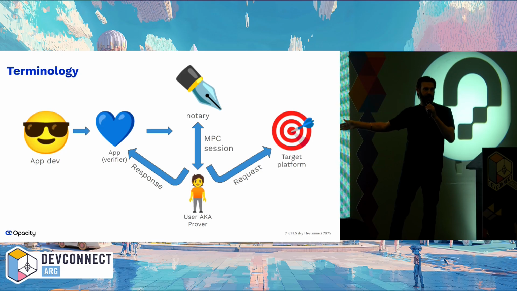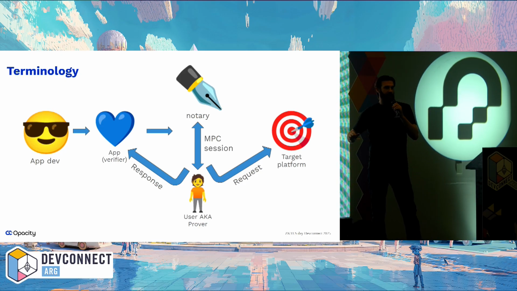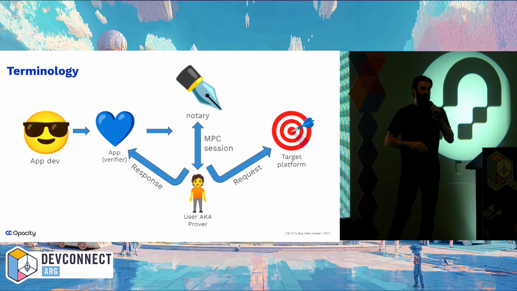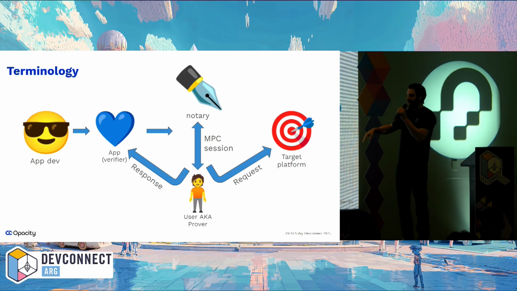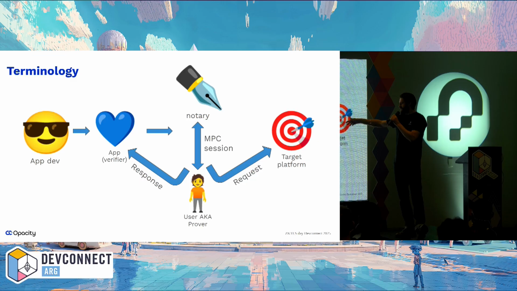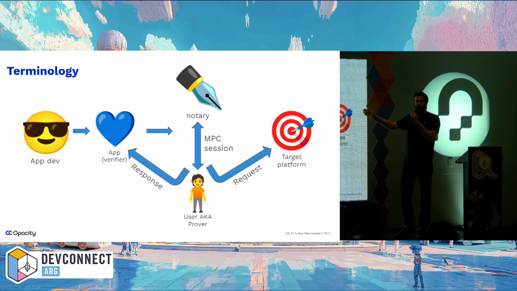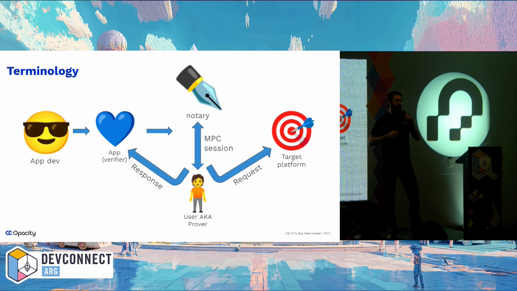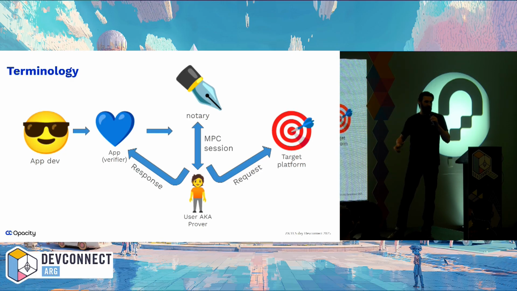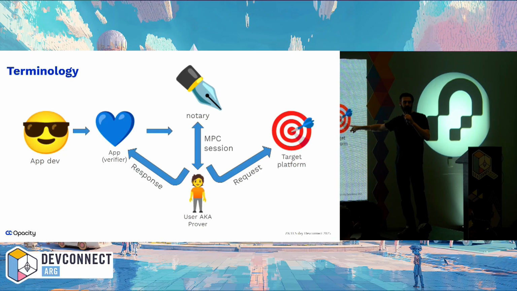The user and a notary, and we're going to get into in a little bit who that notary is or can be, enter into an MPC session, and then a request is generated. That request needs to match what this target server is expecting, right? We send that.